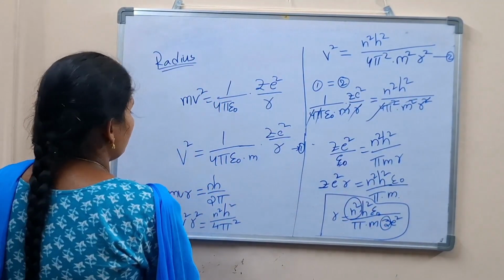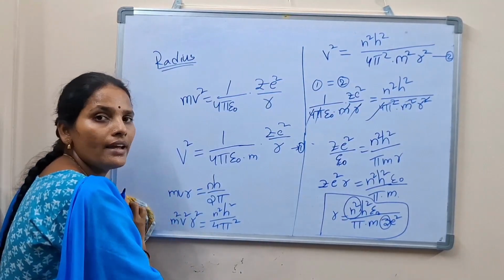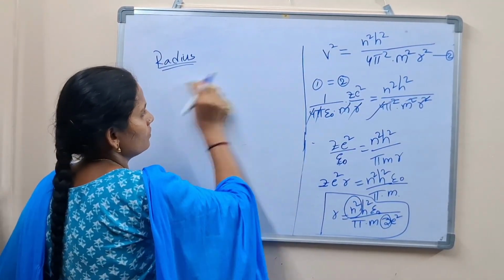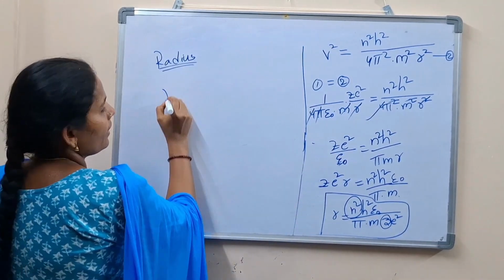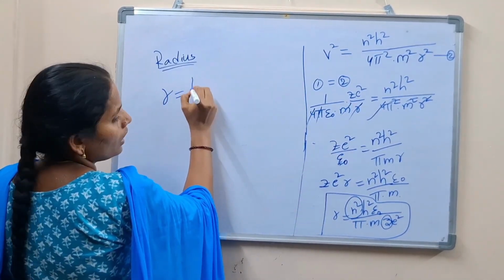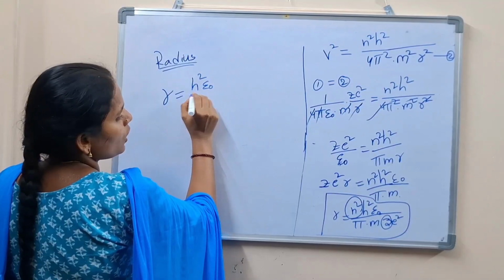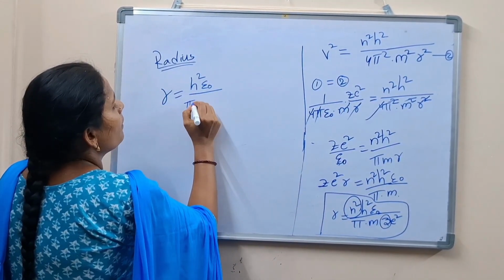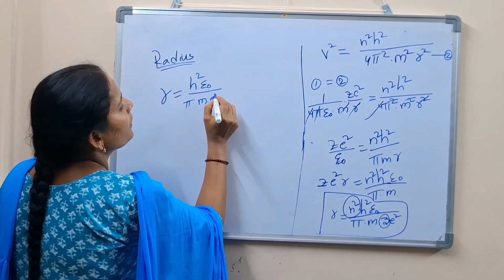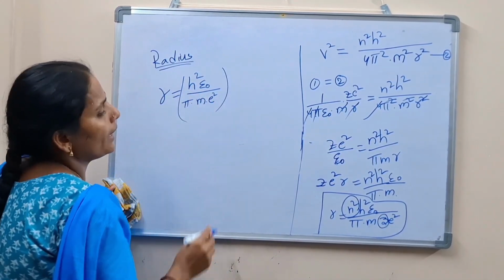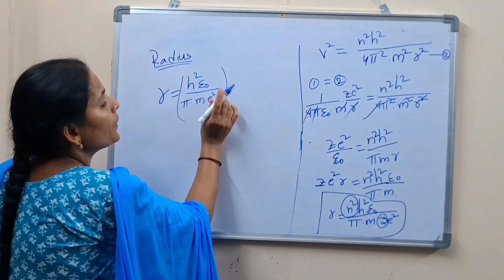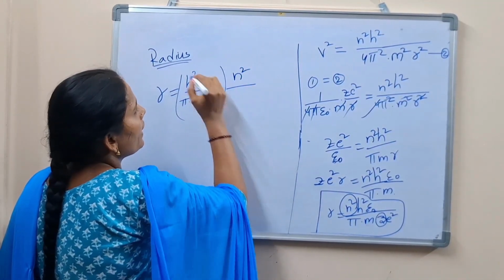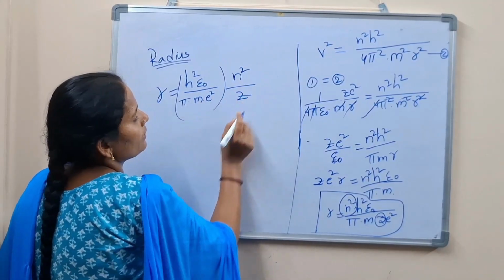From this we are writing, have you noted this? r equal to h square epsilon naught by pi into m into e square into n square by z.